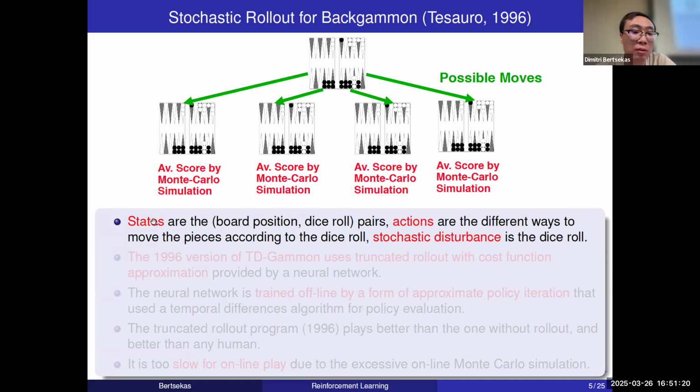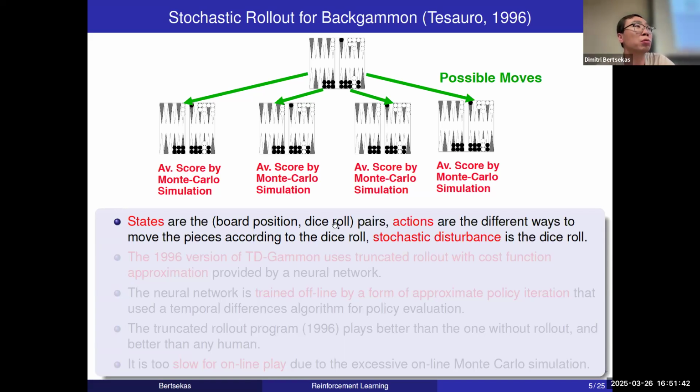And in this problem, the states involve two components. One is the board position, where black represents one player and white represents another player. But also there is a stochastic component, which is a dice roll.